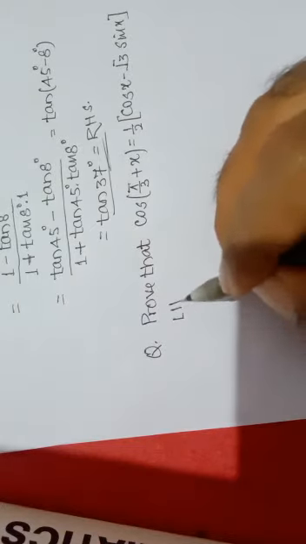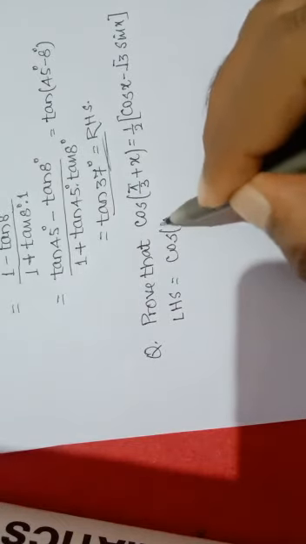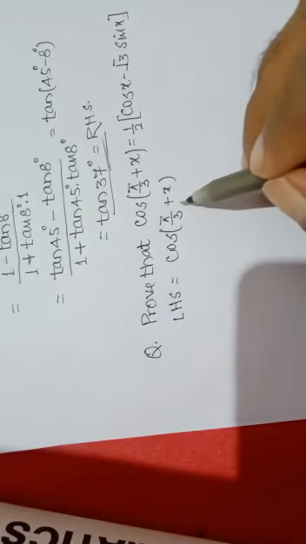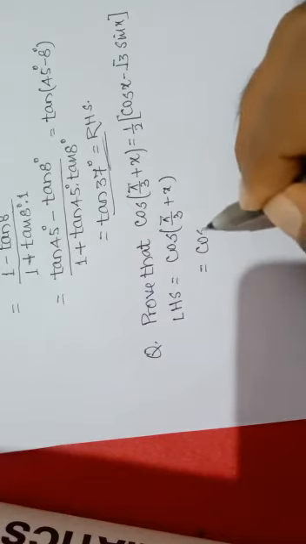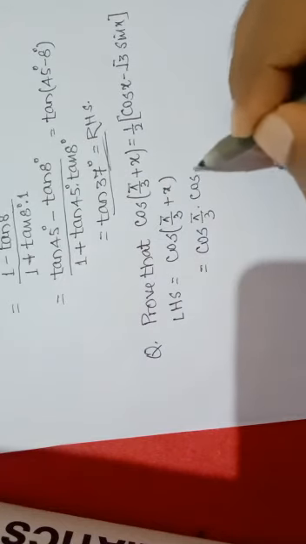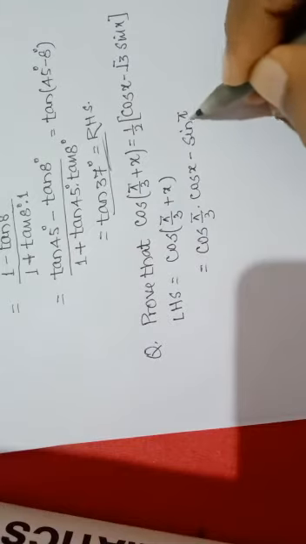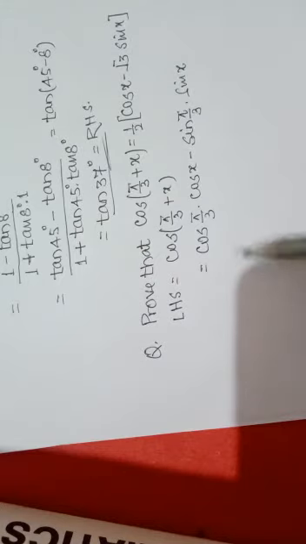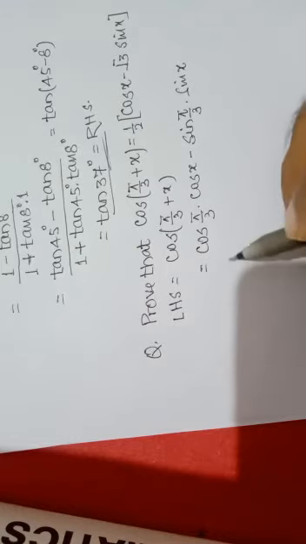But see here, your LHS is cos of pi by 3 plus x. Expand according to the formula cos A plus B, which is equal to cos A cos B minus sin A sin B. Write down the value.